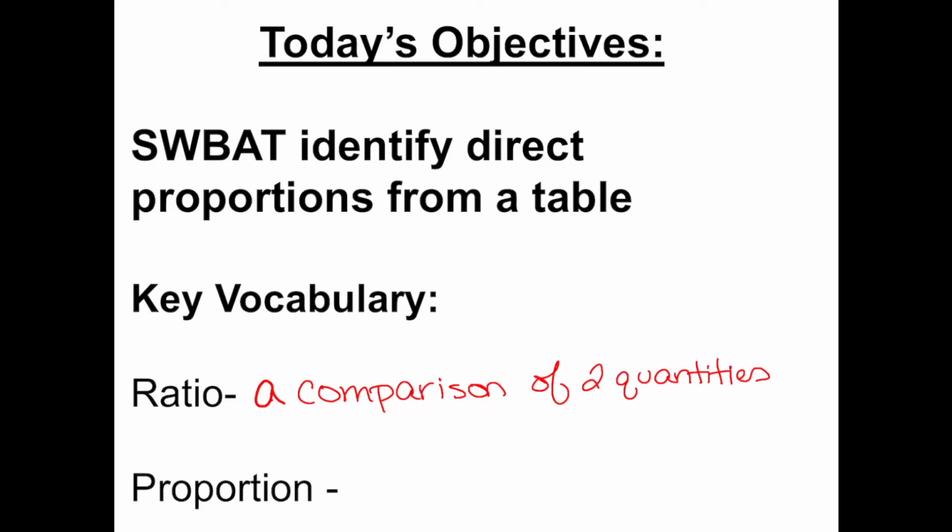So if we wanted to compare, I don't know, girls to boys in a class, we might say that there are 3 girls to 5 boys. Or we could write it 3:5. Or we could even write it in words. 3 girls to 5 boys. So a ratio is a comparison of any 2 quantities.